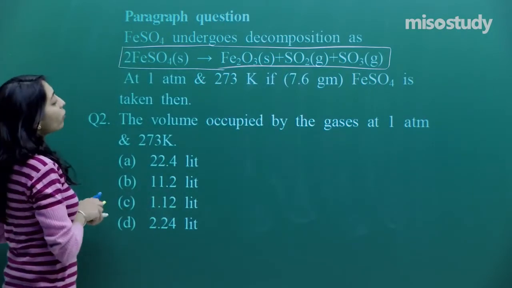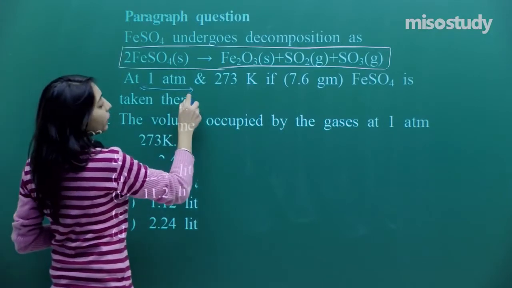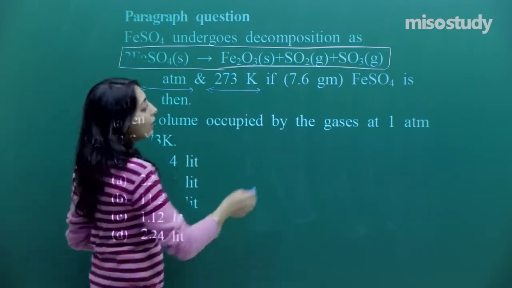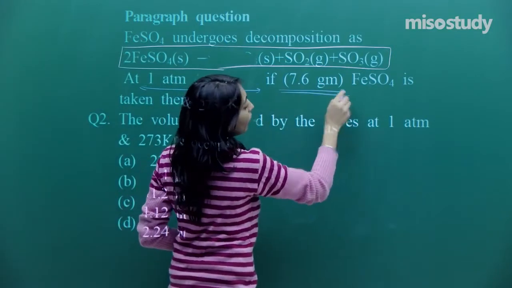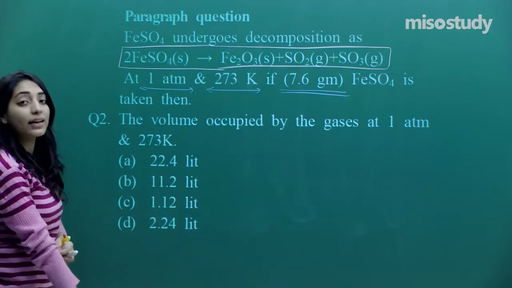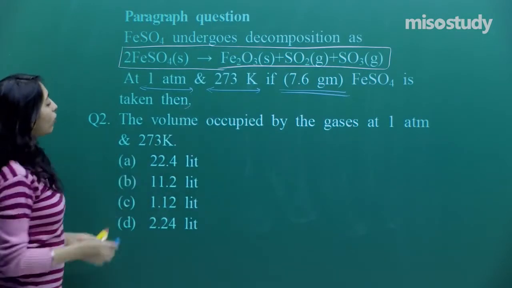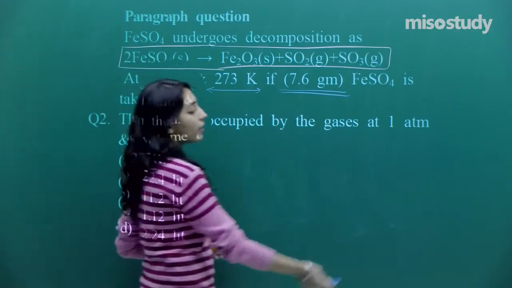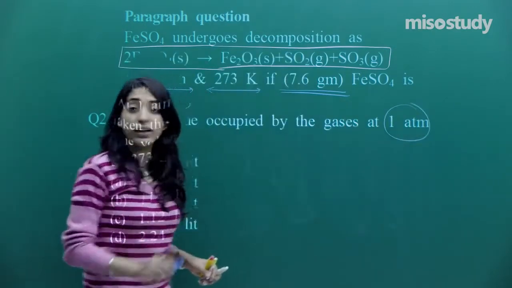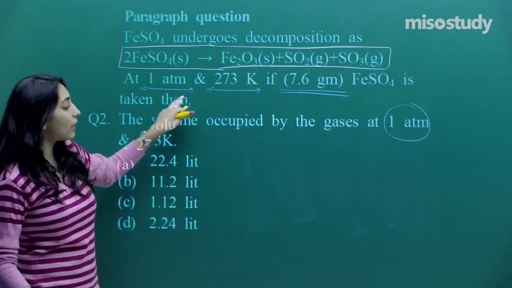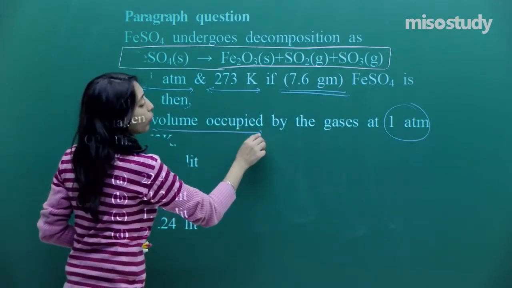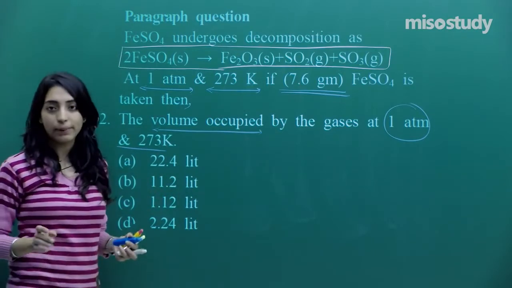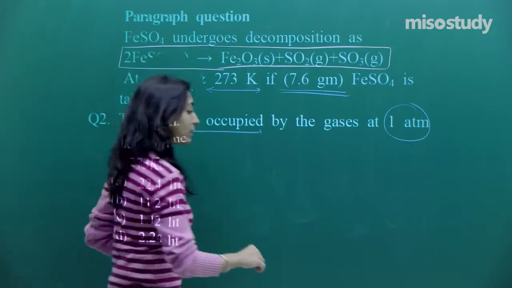Now, at 1 atmospheric pressure and 273 Kelvin, which is the standard conditions, right? If 7.6 grams of FeSO4 is taken, then you need to figure out the volume occupied by the gases at 1 atmosphere pressure. That means at the same temperature pressure conditions, what will be the volume occupied by each gas at 273 Kelvin and 1 atm pressure. Okay, So that's the question.